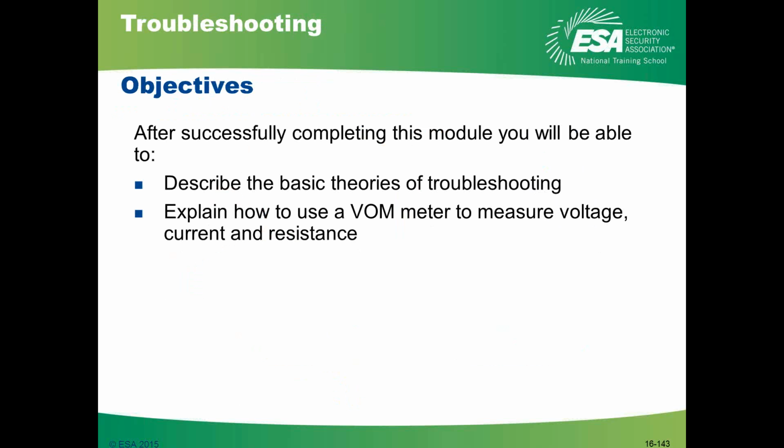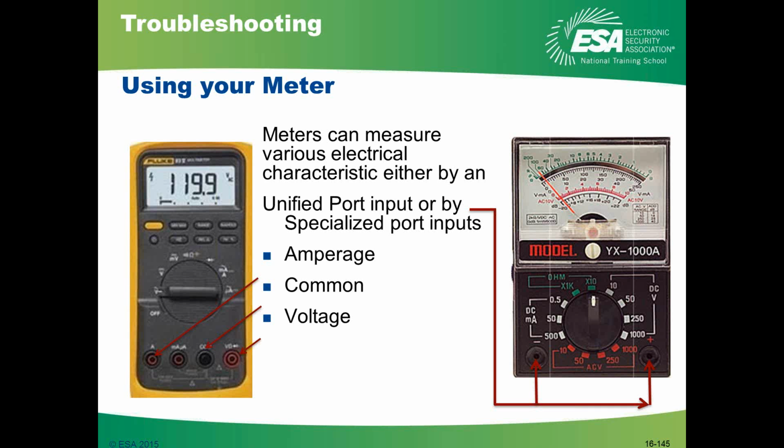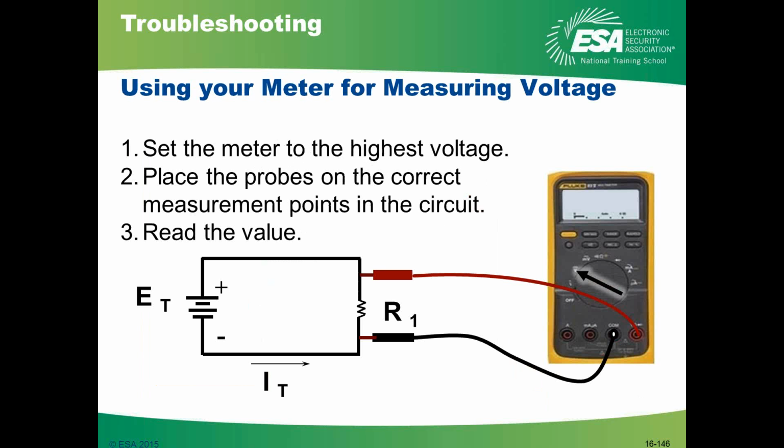Troubleshooting, it's describe the basic theories and explain how to use a voltmeter. So these now are the two objectives that we're looking to make sure that we cover in troubleshooting. Again, we moved quite a bit out of troubleshooting into the appropriate modules, electricity and tools. So we have the troubleshooting steps, stay the same. Meter, using it. We enlarge the images when you're using the meter.